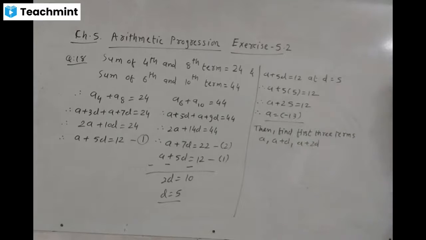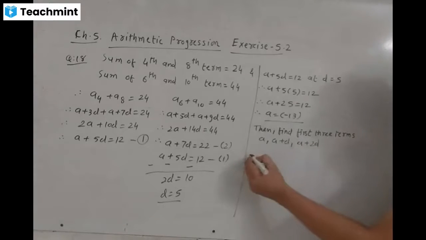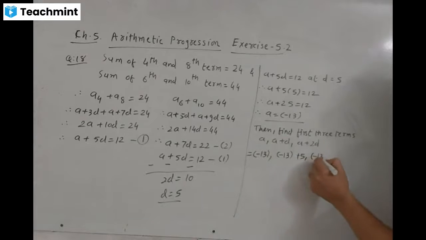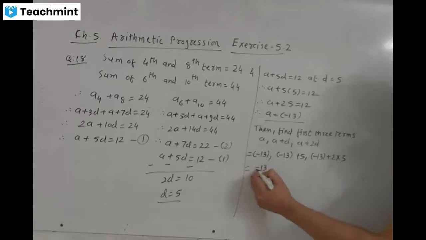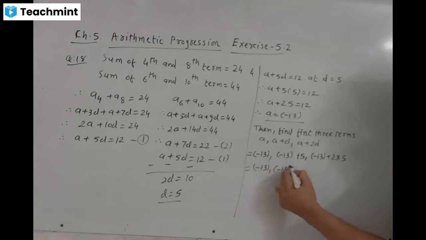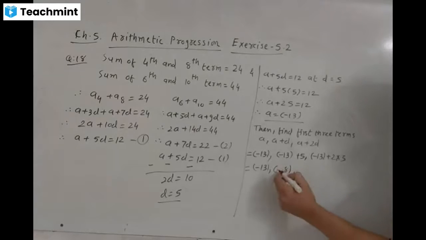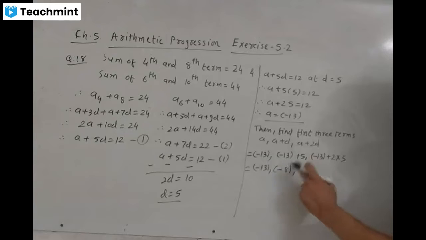A is negative 13, and D is 5. So negative 13 plus 5 is negative 8, and negative 13 plus 2 into 5, that is negative 13 plus 10, is negative 3.